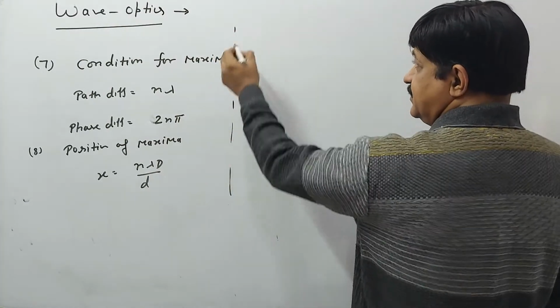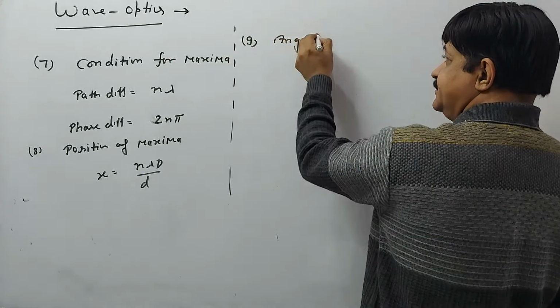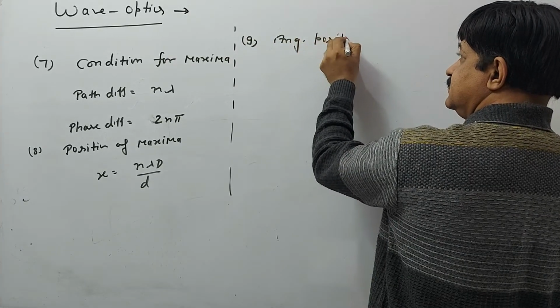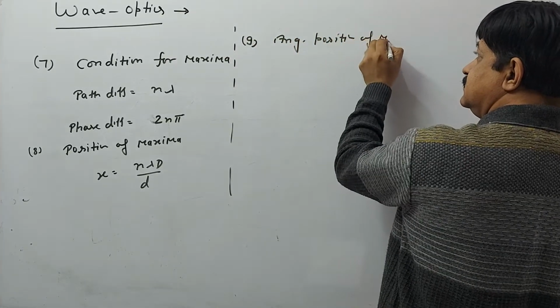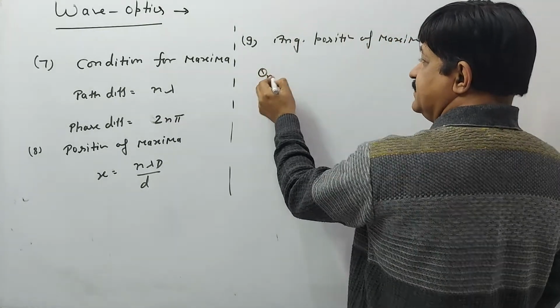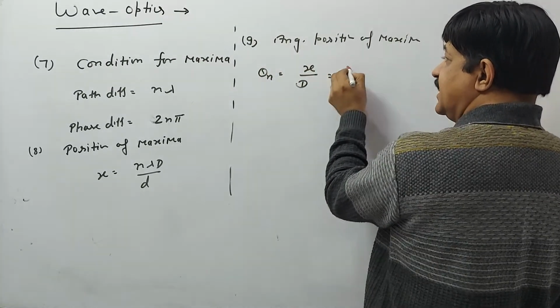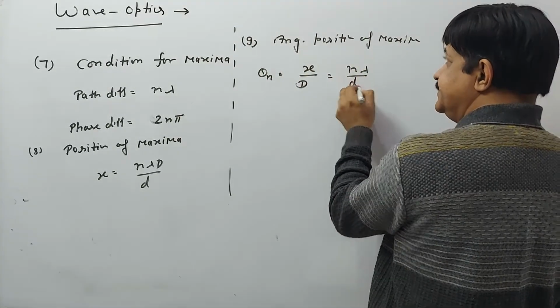बट एक और चीज ध्यान में रखना यहां पर, what will be the angular position? Angular position of maxima must be x upon D. So that must be n lambda by d.